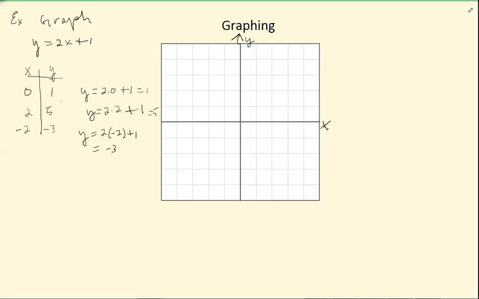Okay, let's go over and plot these now. 0, 1 is right here. And let's see, 2, 5 is over here.